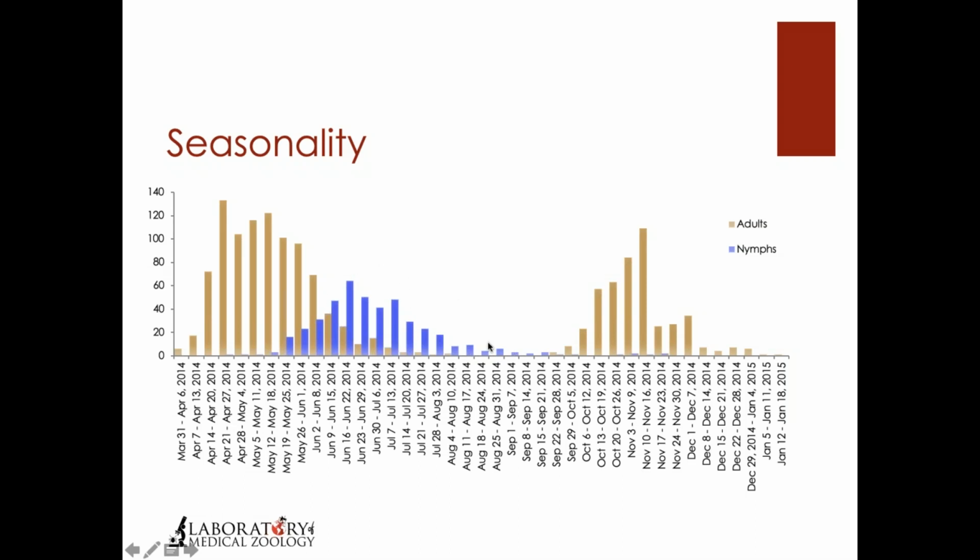You may note that there's very little evidence of larval ticks, and there's a couple of reasons for that. One is the ticks are so very, very small that very often they probably go undetected and or don't get sent to us. The other is there may actually be some fundamental behavioral differences of larvae in terms of where they're questing, and they may actually not feed on humans at the same rate that they feed on other mammalian hosts.